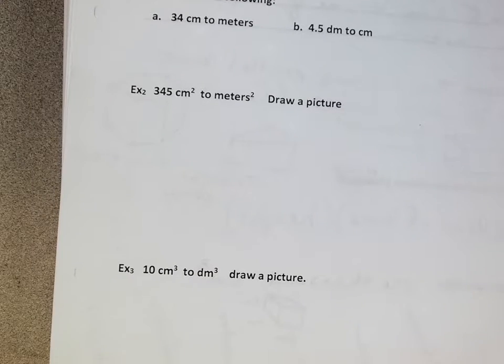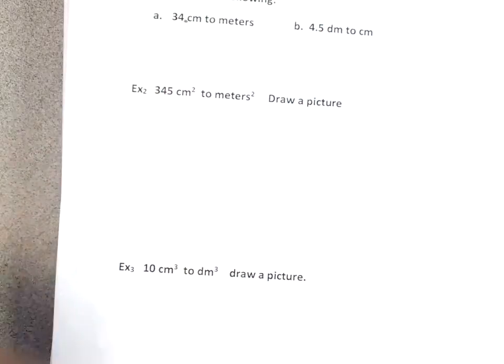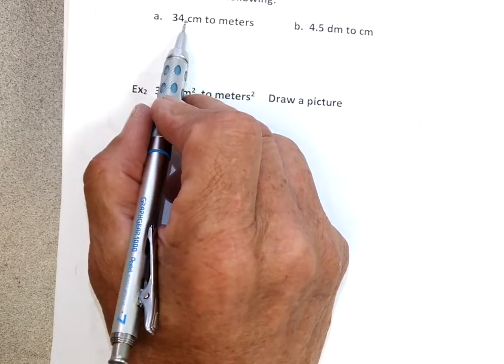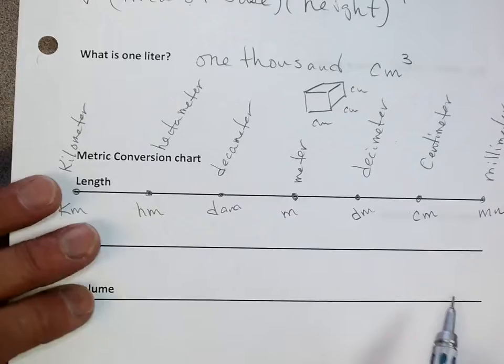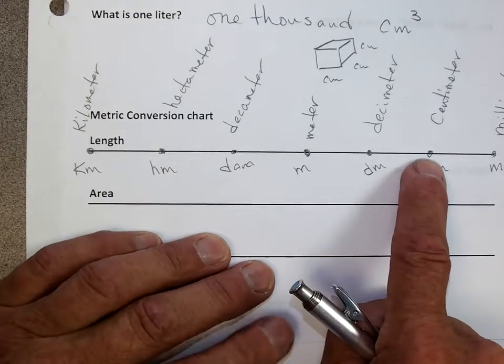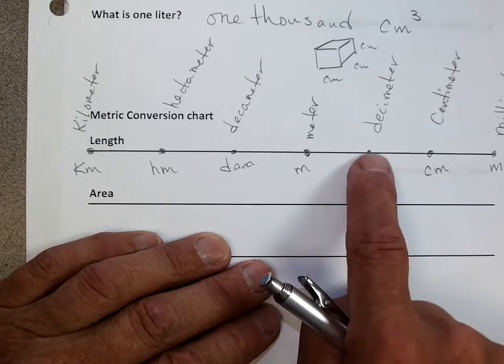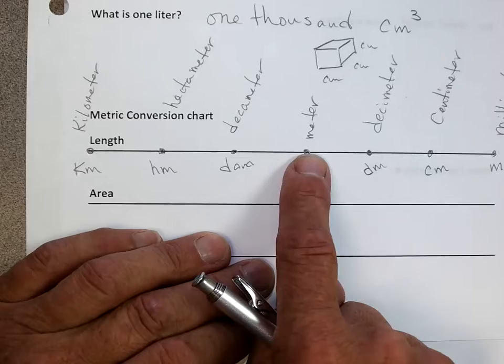Now let me show you how to use the chart. So if you have a difficult time seeing it, find the decimal. The decimal's right there. If you want to see an easy way to do it, flip your chart. And you want to go from centimeters to meter, right? So you're going to move the decimal 1, 2 places that way. Does that actually make sense? Yes, it does.